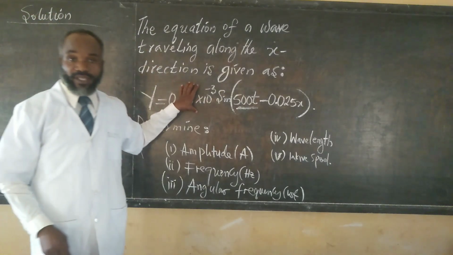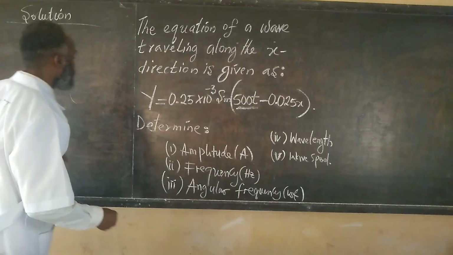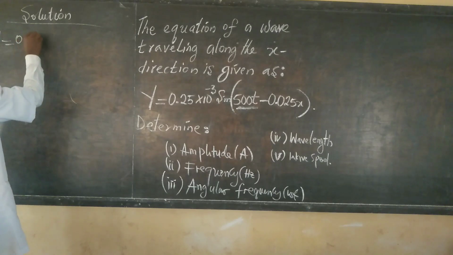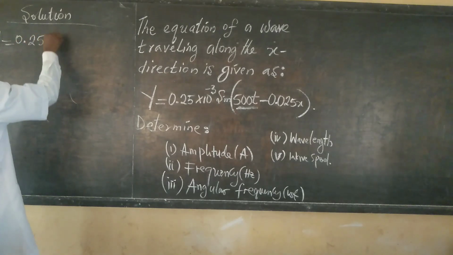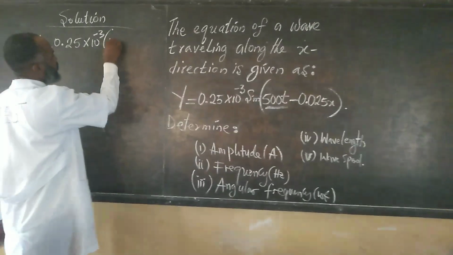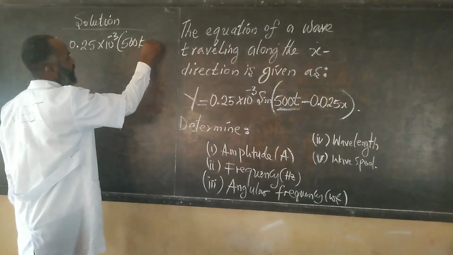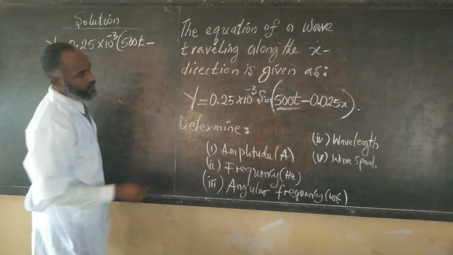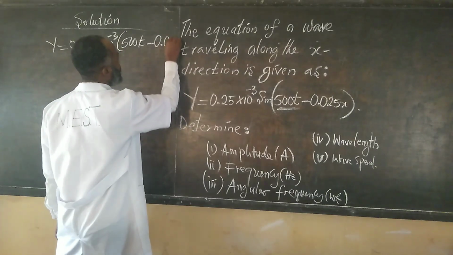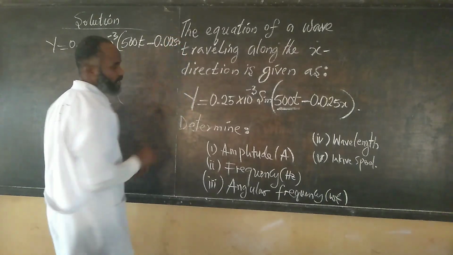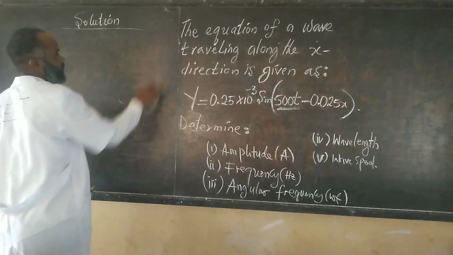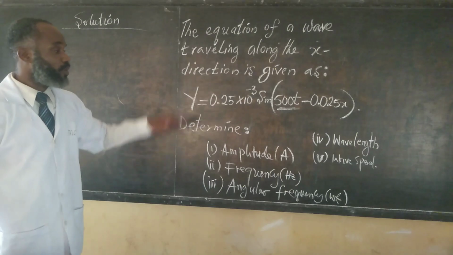So we bring out this. I have y is equal to 0.25 times 10 raised to the power minus 3, bracket open, 500t minus 0.025x. I need to redo this, to accommodate enough space.